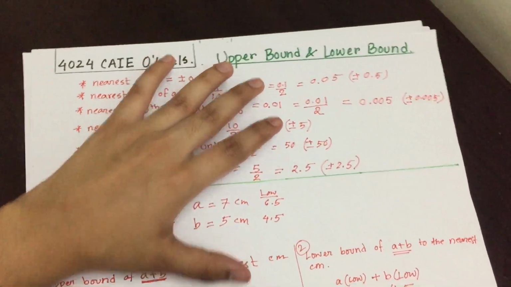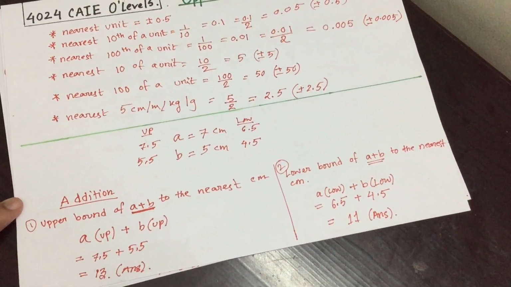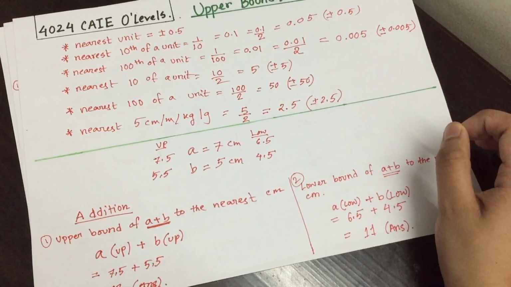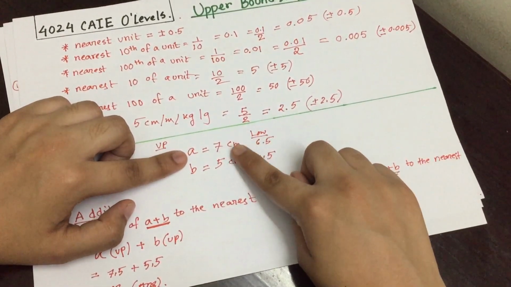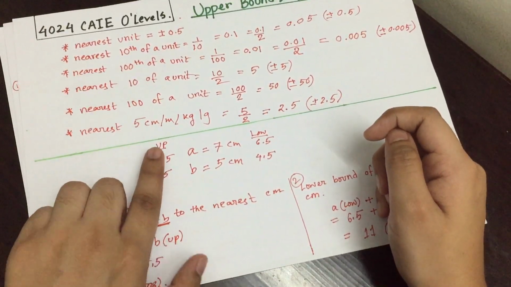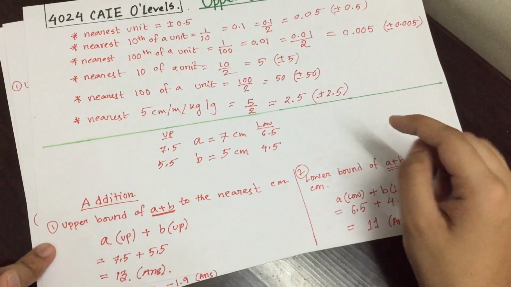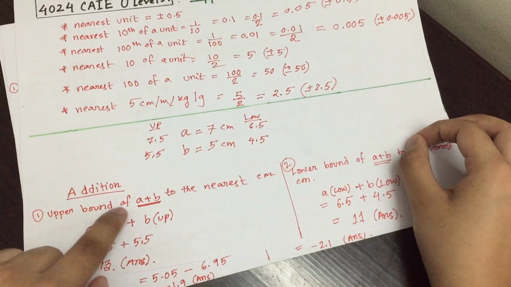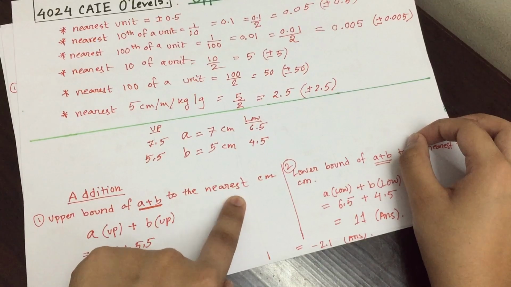So this is my first example, which is for addition. Suppose I have given here two numbers, A, 7 centimeter, and B, 5 centimeter, and I have written here up and low, and these are my questions. In the first question, it was asked to find the upper bound of A plus B to the nearest centimeter.